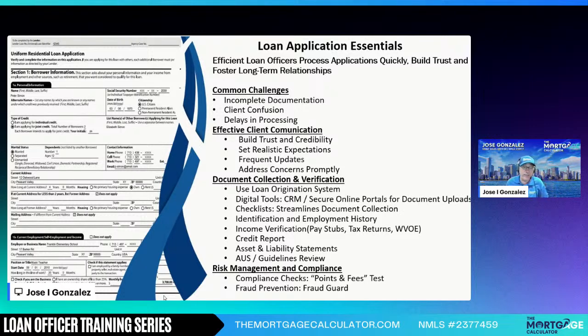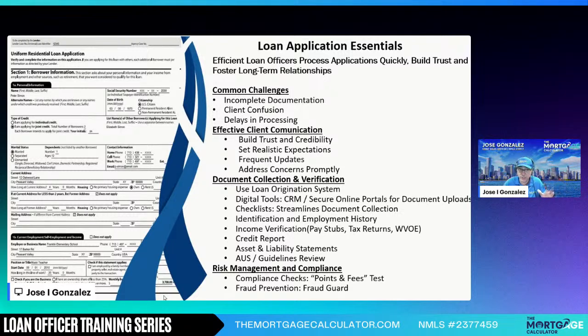Addressing the alert could be as simple as just providing an explanation, or it could be more involved where actual documentation would need to be provided to clear the alert. So do be aware of all of these processes here in the loan application process. Remember, these are also an integral part of the pre-approval process, because when we are pre-approving the borrower, right, we are completing the loan application.